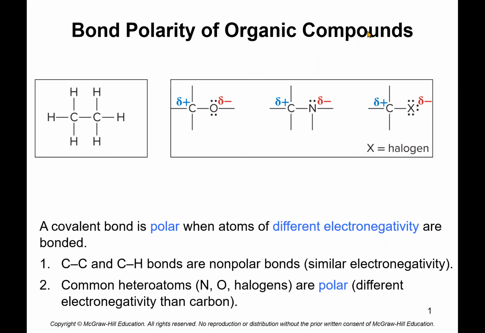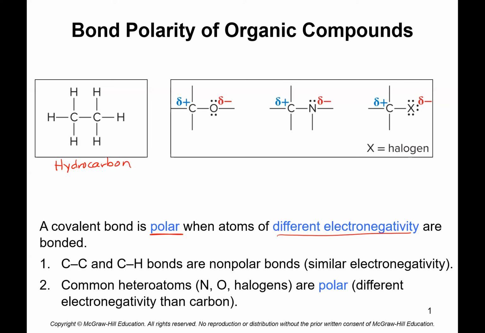A polar bond is basically when you have an electronegativity difference between the two atoms that are bonded together in your covalent bond. So that covalent bond is polar when the atoms have different electronegativities. So let's look at the first example here. On the left-hand side, I have what we generally call a hydrocarbon.